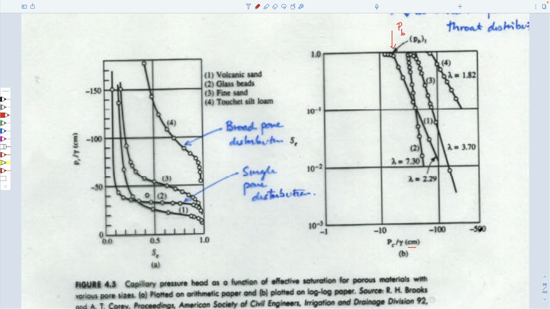It's increasing to the right. A larger negative value would be a larger negative pressure in the water. The capillary pressure is positive because it's the subtraction of the non-wetting minus the wetting, but the water pressure is negative because it's in tension.